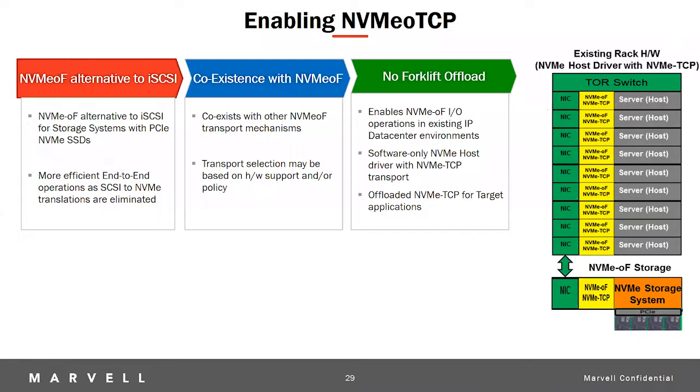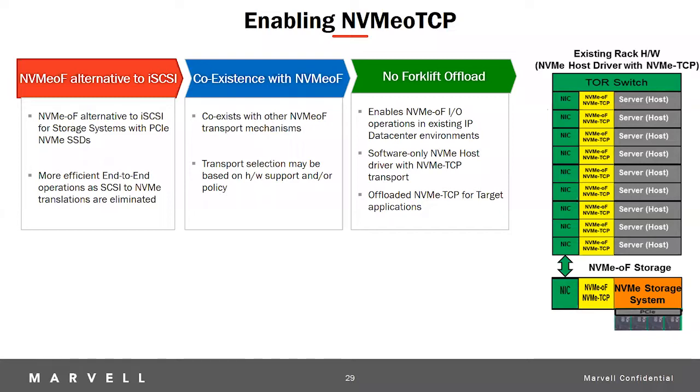You do have a choice of how much of an offload you want. If you deploy our adapters on the host and the target, then you can completely offload the TCP on the target, on the controller, or you could do what a lot of people have done in the iSCSI space, which is use a software iSCSI, or in this case, a software solution for NVMe TCP, but use an offloaded solution on the storage side for optimal latency, and less load on the CPU for doing these operations.